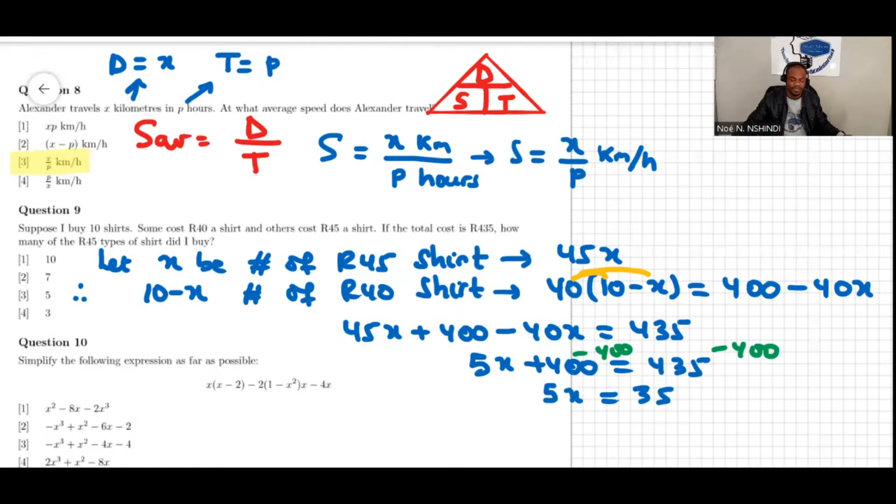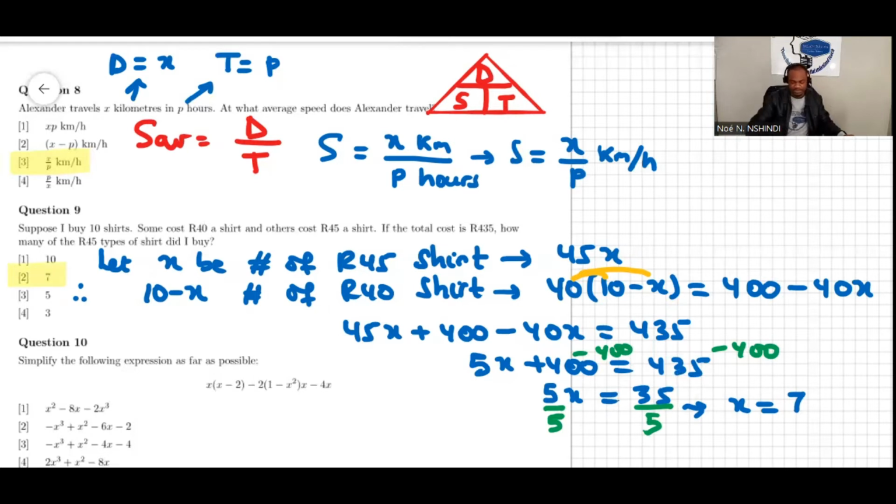To find the value of X, we divide. Because it's 5X, I must divide here by 5 and divide there by 5 also. Then X equals 35 divided by 5. This is just 7. So the correct alternative, the number of 45 rand shirts, is 7.